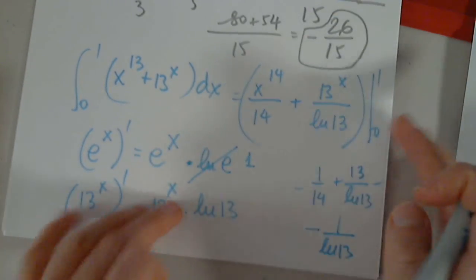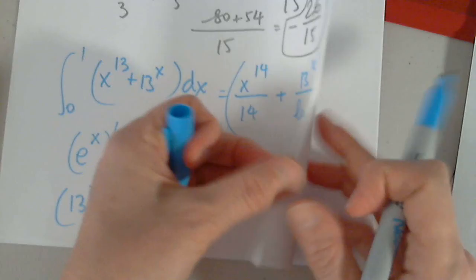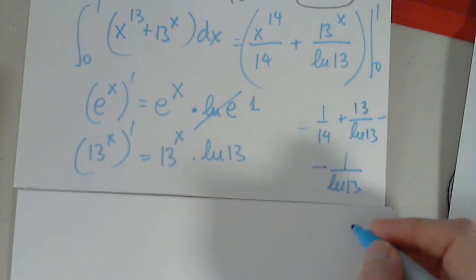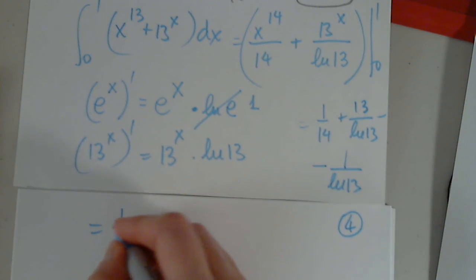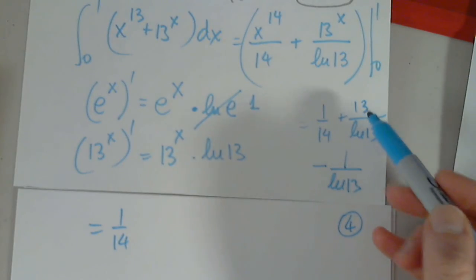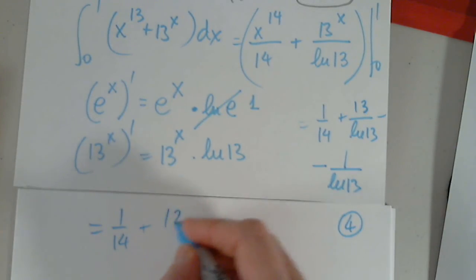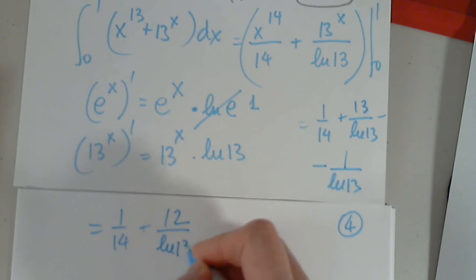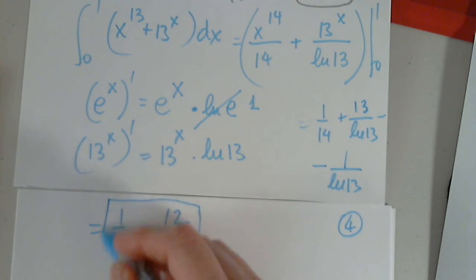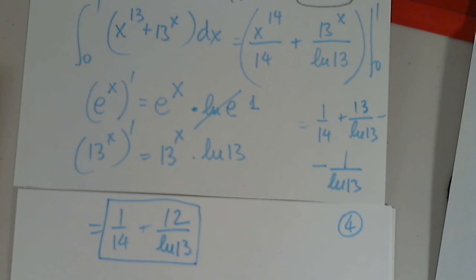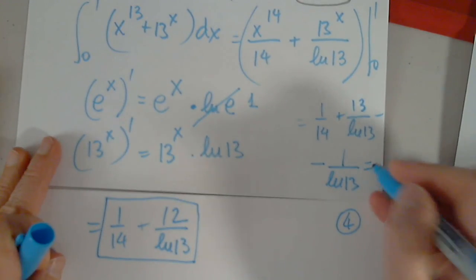And now I have to combine like terms. 1 over 14 stays in front. So we have 1 over 14, but 13 minus 1 is positive 12 over natural log 13. And this is final. Is this clear?